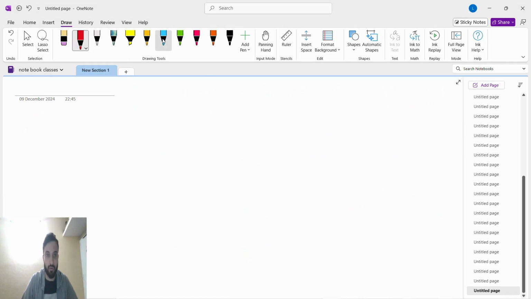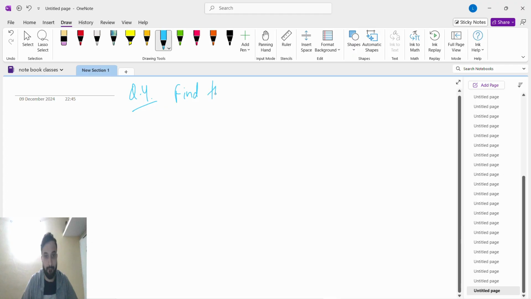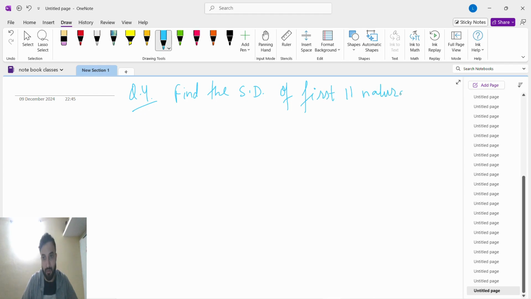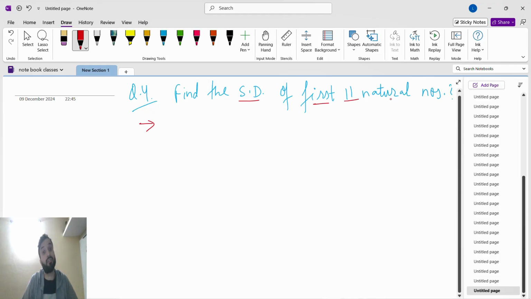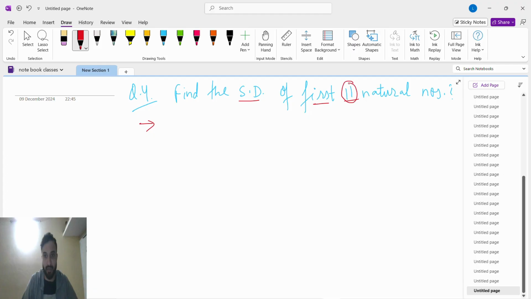Then question number 4. Find the standard deviation of first 11 natural numbers. That means first n natural numbers. So n is 11.